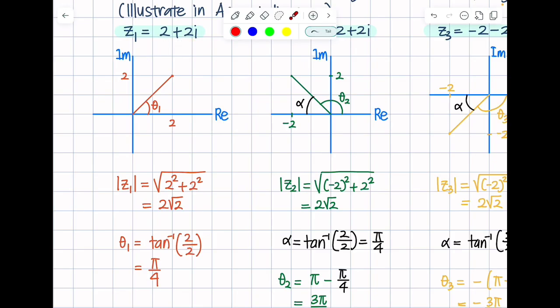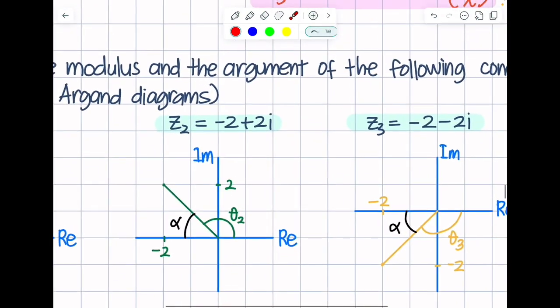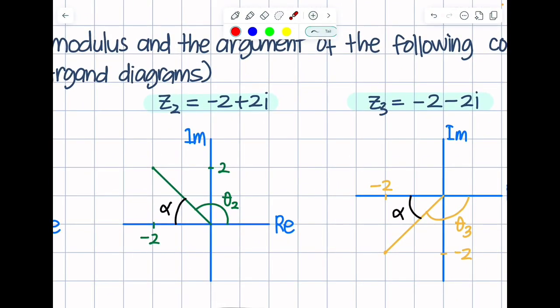How about z2, negative 2 plus 2i? Negative 2 plus 2i is in the second quadrant. This is the position of z2.